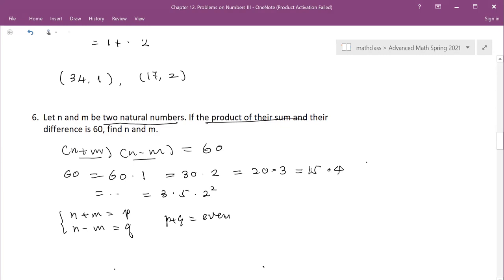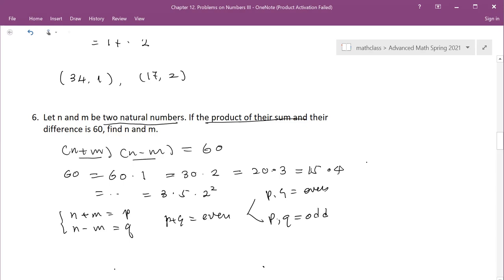You know why? Because 2n equals p plus q. So either both are even or both are odd.